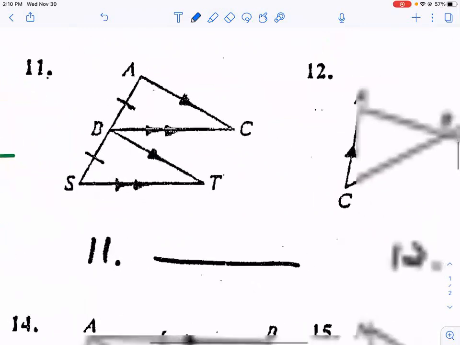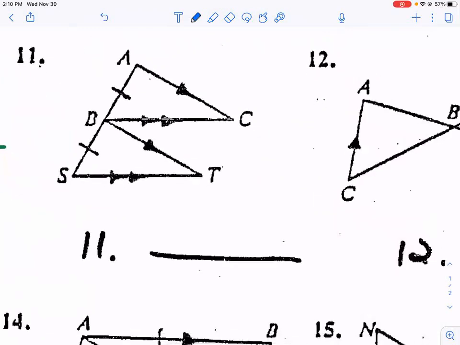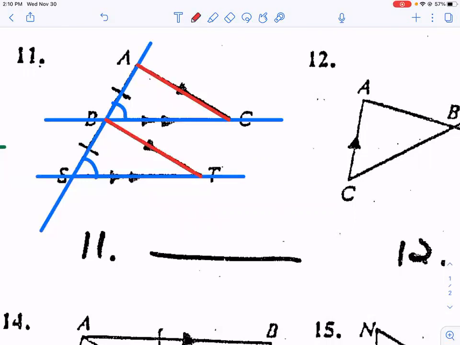All right, now 11, what kind of angles do we need to look for with these parallel lines? Parallel line, transversal. We have corresponding angles right here. And with our other set of parallel line, transversal, we have corresponding angles here. So this one is ASA.